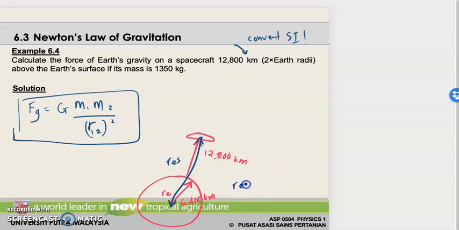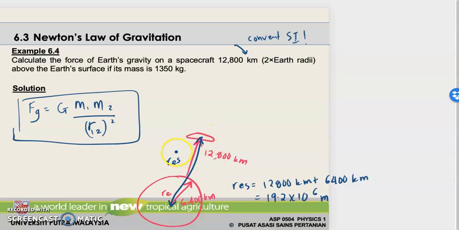So RES is 12,800 kilometer plus 6,400 kilometer, which gives me 19.2 times 10 to the 6 meter. So that is the radius between the Earth to the spacecraft.